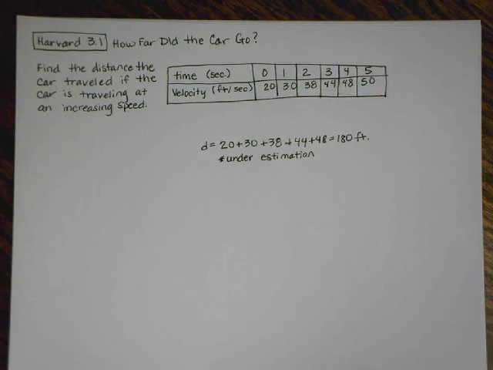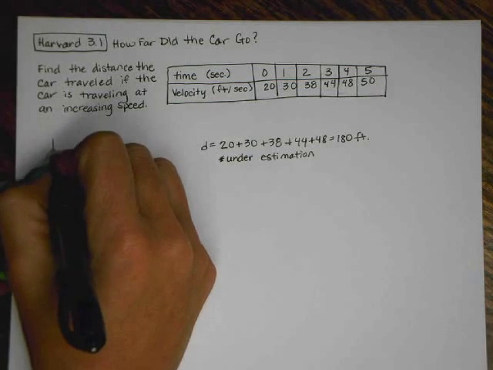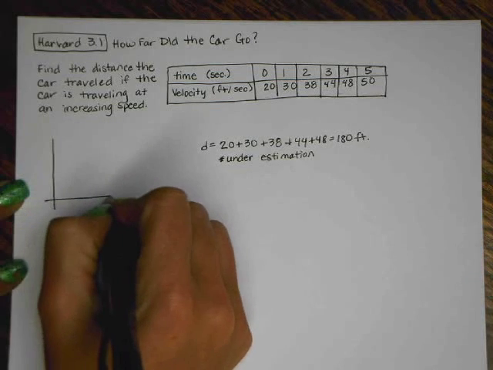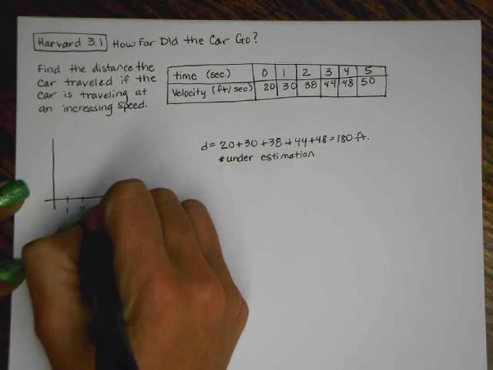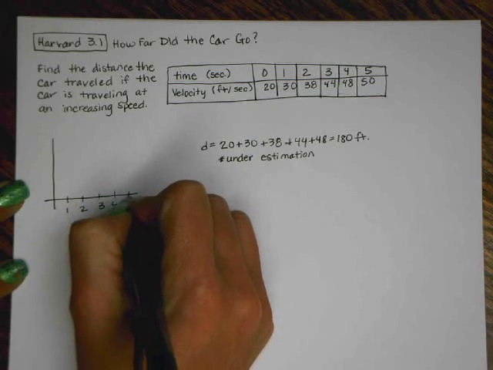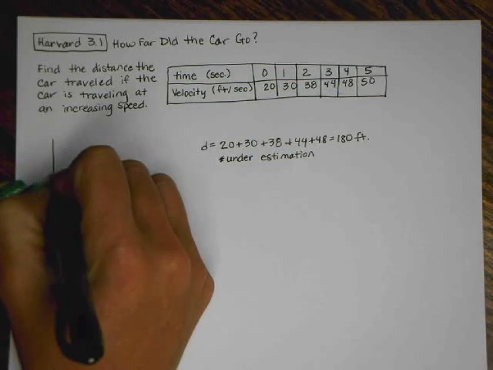Alright, now before we go on to the next part, looking at our overestimation, let's dissect this a little bit. I'm going to draw a graph of the data. And it's just got to be a sketch, so I don't have to worry about being too accurate. Just gives me something to work with.